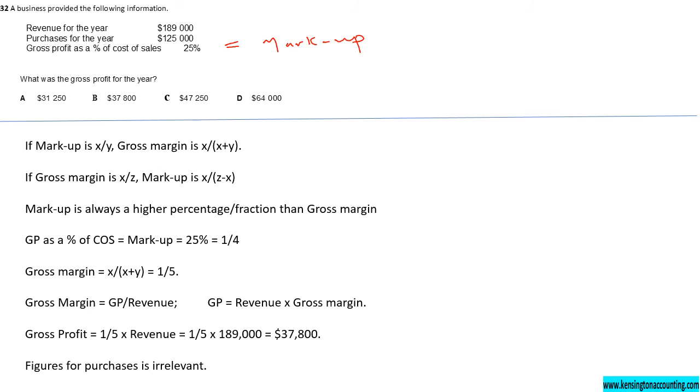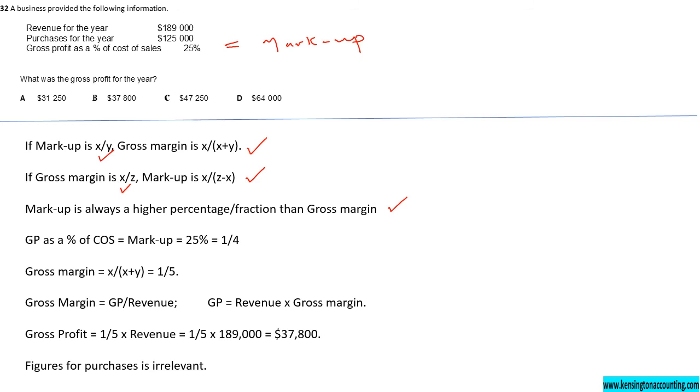If markup is X divided by Y, then gross margin is X divided by X plus Y. And if gross margin is X divided by Z, then markup is X divided by Z minus X. And markup is always higher than the gross margin as a fraction or as a percentage.